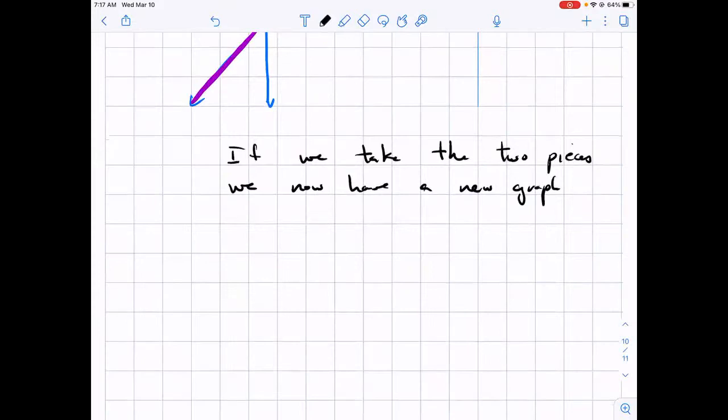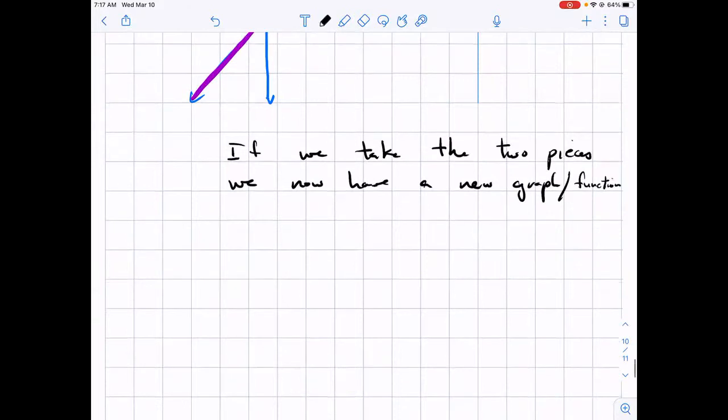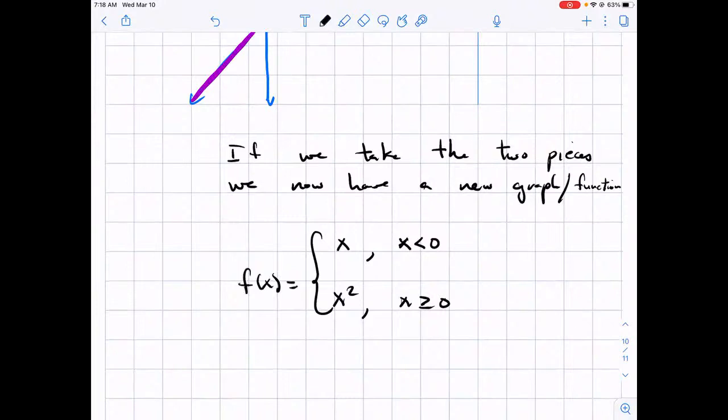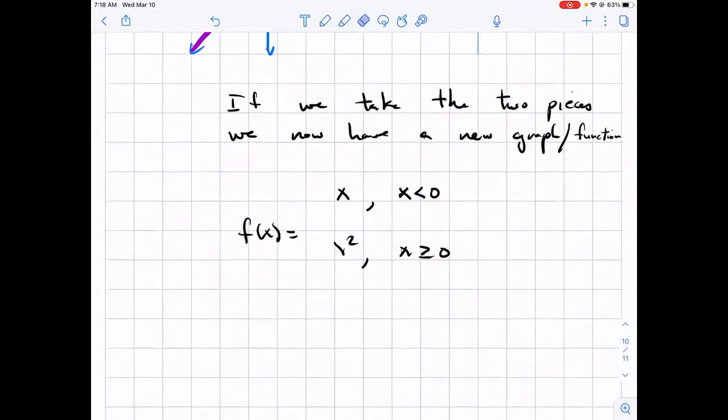And that graph, that function, we can call f of x is equal to x, for x less than 0, and then we also have the graph x squared for x greater than or equal to 0. And this here is my piecewise function, f of x. So it's made up of two pieces for this particular function.